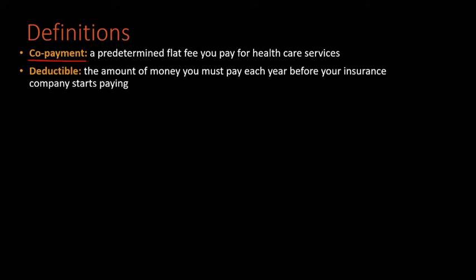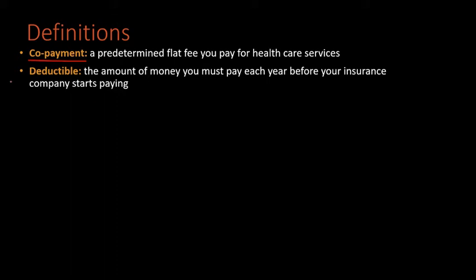But if I go to see a specialist, maybe for some particular problem, maybe the specialist visit has a copayment of, I don't know, $30. So every time I go to this specialist, I have to pay $30. And it's just a flat rate for those visits, and my insurance covers the rest. Again, a predetermined flat fee that you pay for a particular health service. So you would be aware of this fee before going to see the doctor.